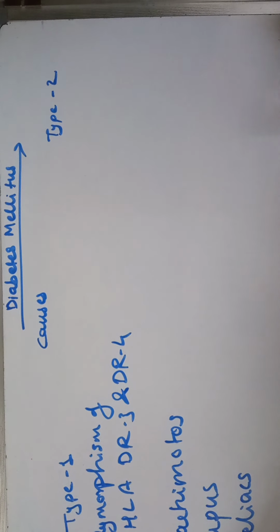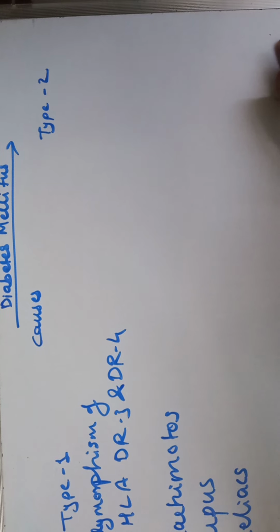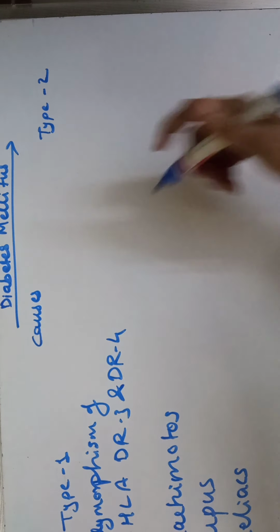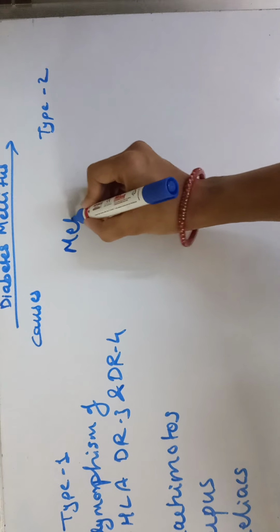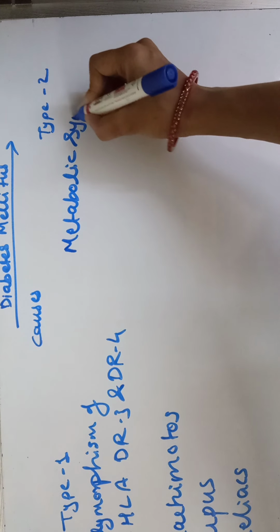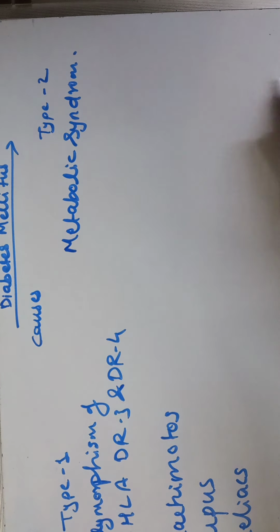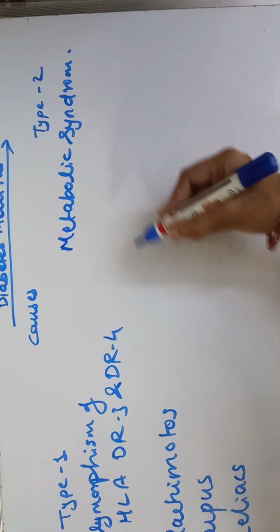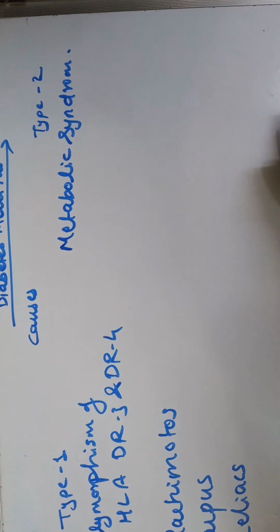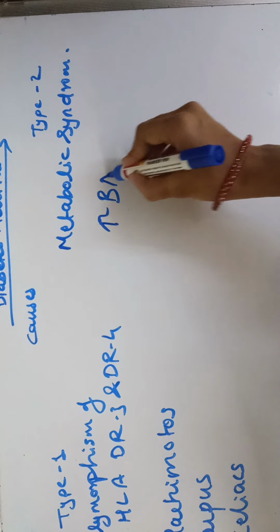I will show you. Type 2 diabetes is caused in people who have metabolic syndrome. What type of metabolic syndrome? First, if people have an expanded waist, it means there is a high BMI level.